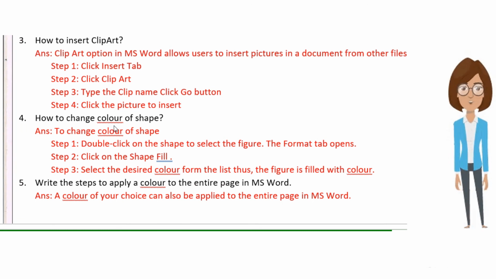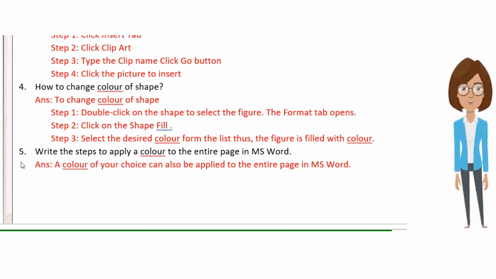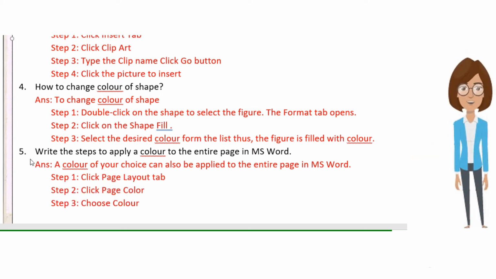How to change color of shape? Answer. 5. Write the steps to apply a color to the entire page in MS Word. Answer.